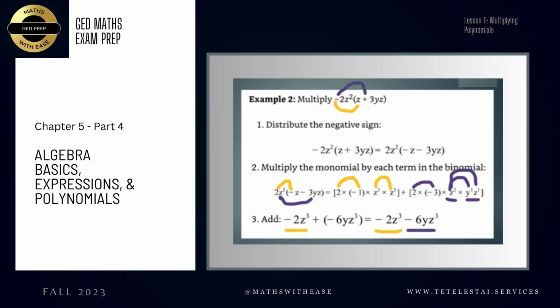So keep that in mind when you are multiplying. You can multiply the terms that are not the same. But when it comes to your final answer, you've got to make sure that you're not adding unlike terms, okay?